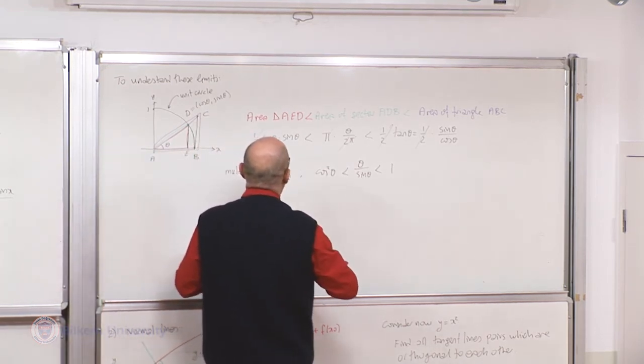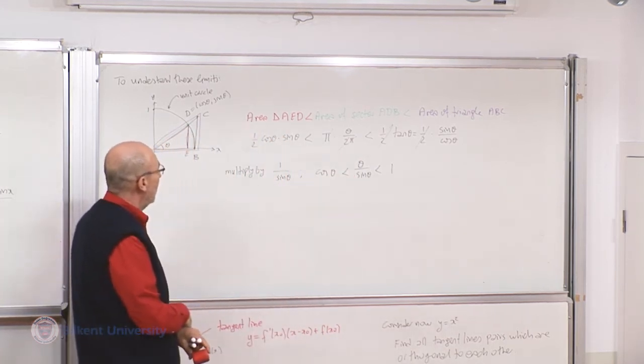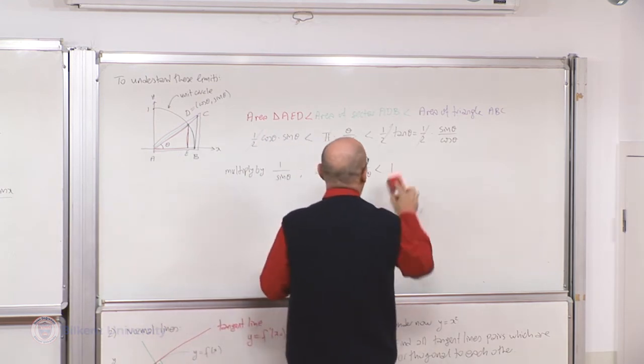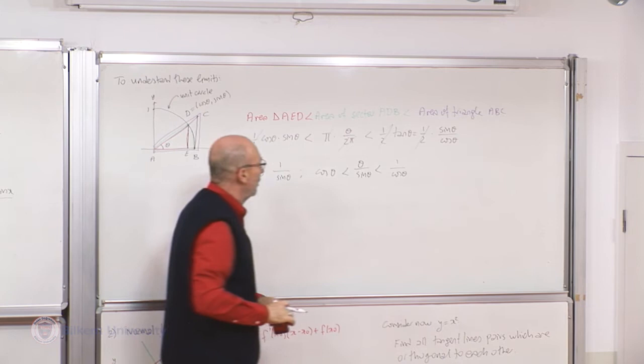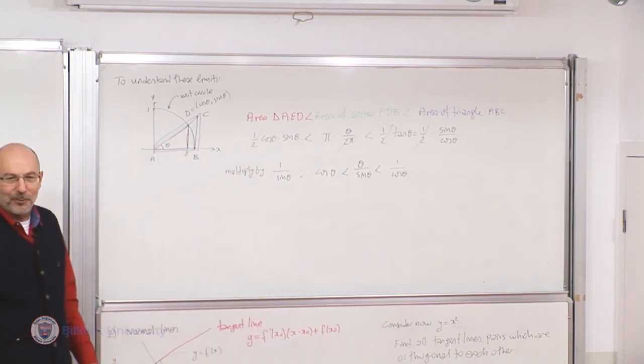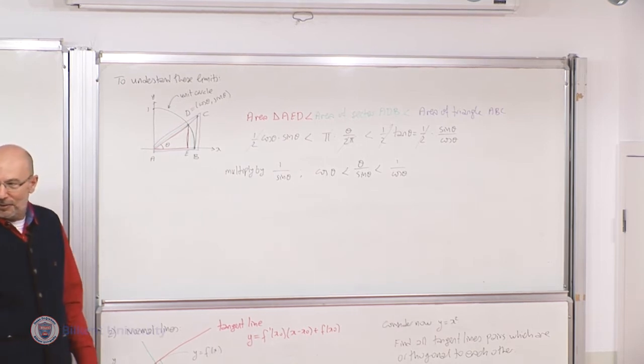Here I have cosine theta, and here I have 1 over cosine theta. Okay, how about this one now? Does everyone like it?